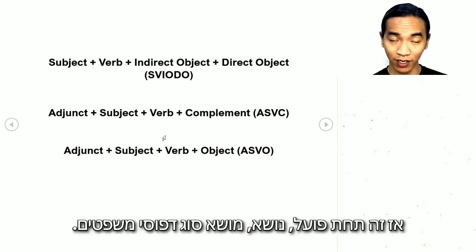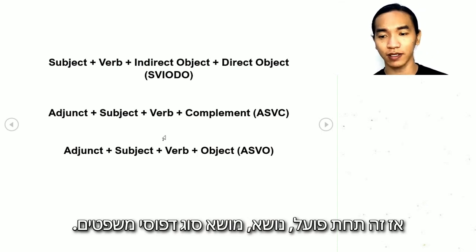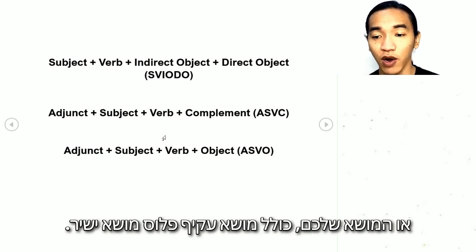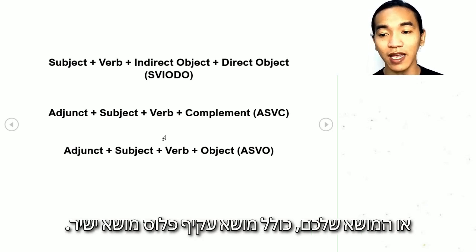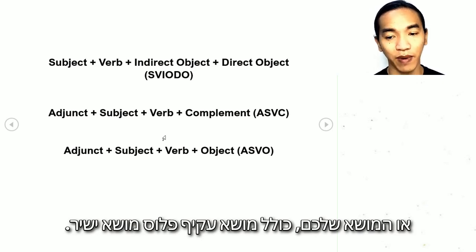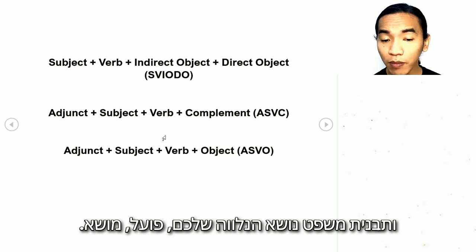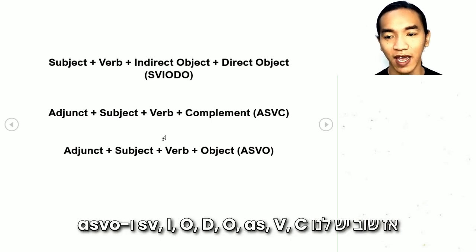So it's under your subject, verb, object sentence patterns. But in this case, we are just dividing your object, including indirect object plus direct object. We also have your adjunct, subject, verb, complement sentence pattern and your adjunct, subject, verb, object sentence pattern. So again, we have SVIODO, ASVC, and ASVO.